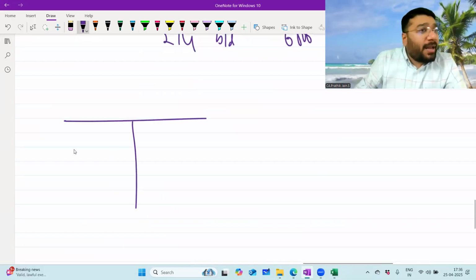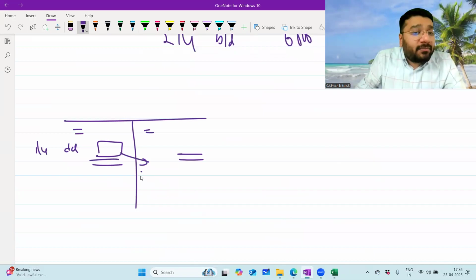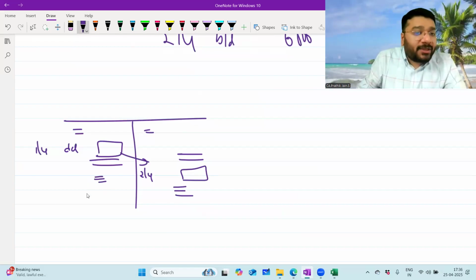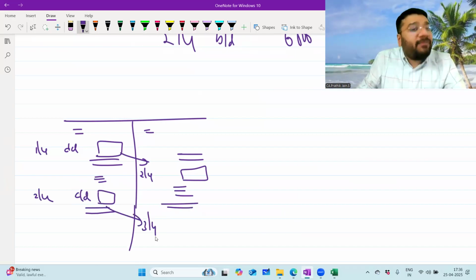For a nominal account, what I'm telling is that whatever transaction is recorded on 1/4, whatever the closing balance is coming, you carry forward to the next day, which is 2/4. Again 2/4 transaction, again 2/4 balance carried down, that you take to 3/4.